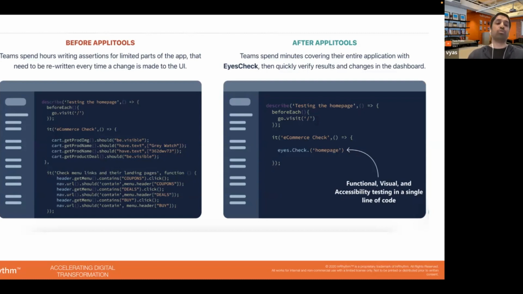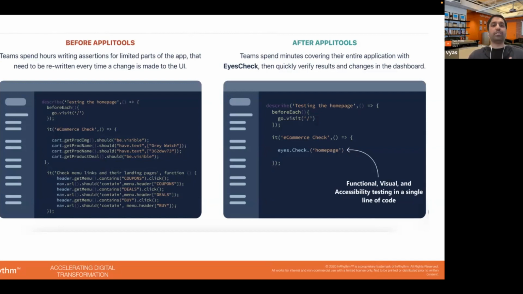Or, like most modern applications have a lazy loading feature. So from a testing perspective, imagine you have a component that lives near the footer region, or if you have a long page, it lives at the bottom of the page. What you have to do is programmatically write a scroll function that scrolls down to the bottom of the page, then make sure that the component you're looking for is visible, and then perform the assertion.